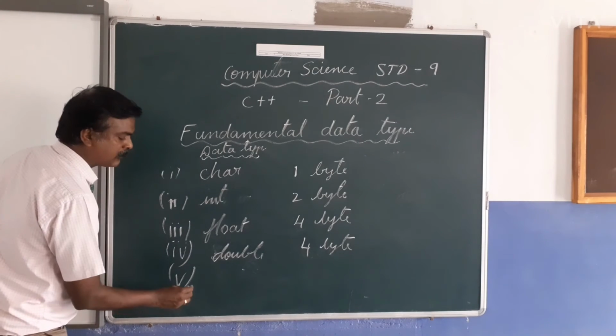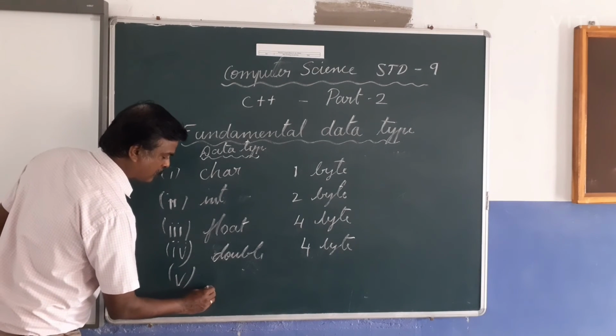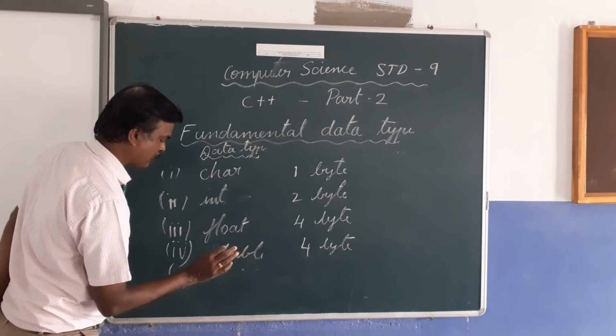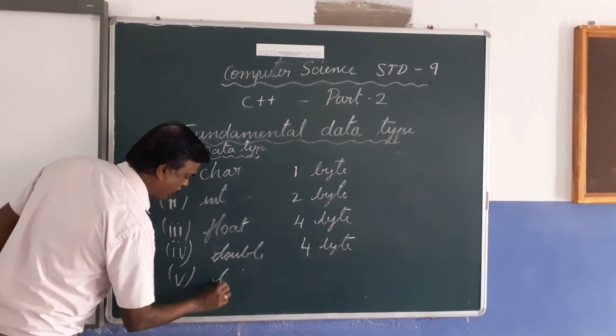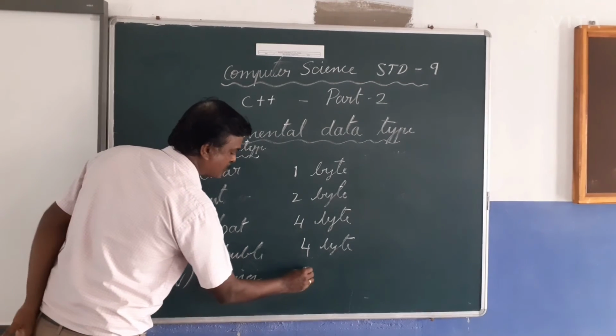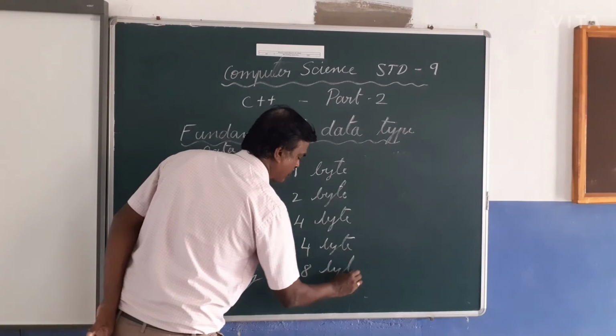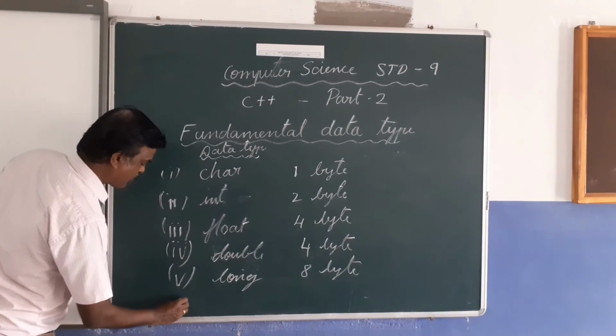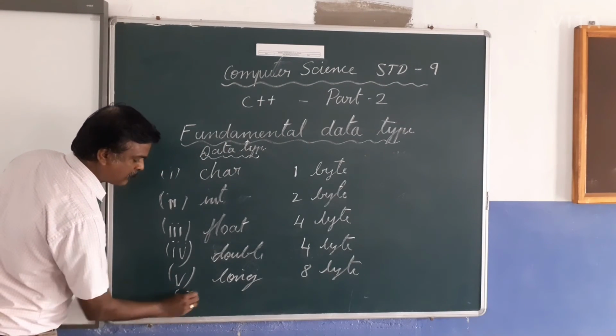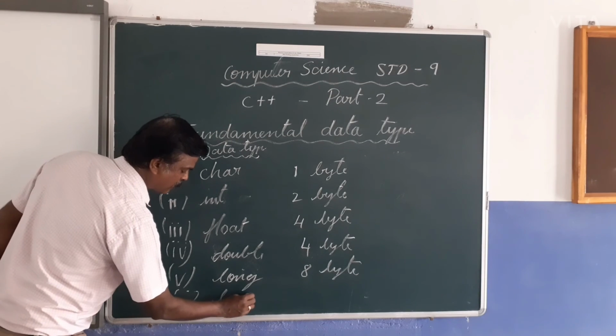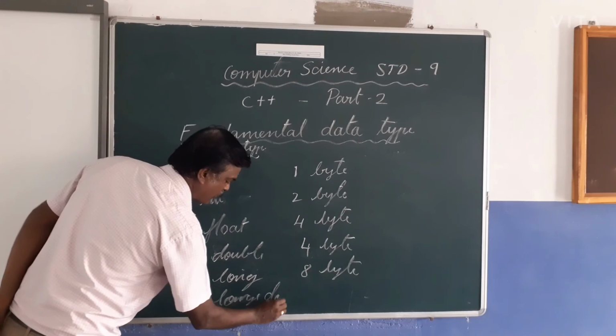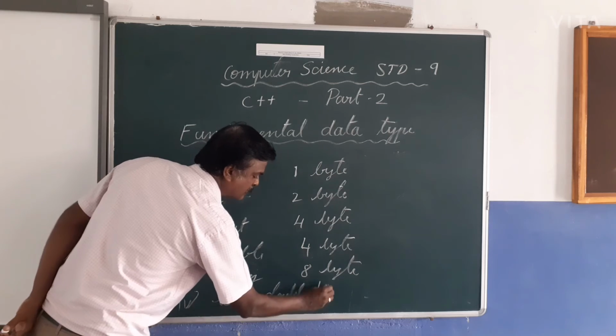Fifth one is long. It stores 8 bytes. Next, sixth one is long double. It stores 10 bytes.